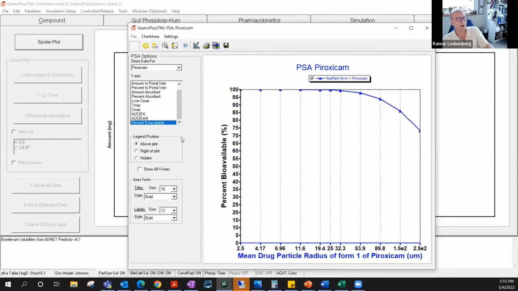There we would see the bioavailability would only go down after 30 microns of diameter. So this is where we can look into these parameters, Tmax, Cmax, how they get changed, yes, changed, but when it comes to the bioavailability, there we see again, there we need much bigger particles.